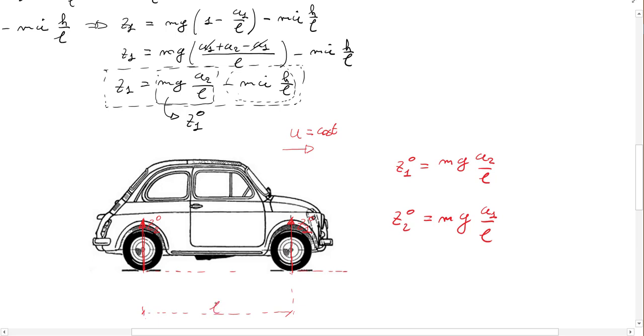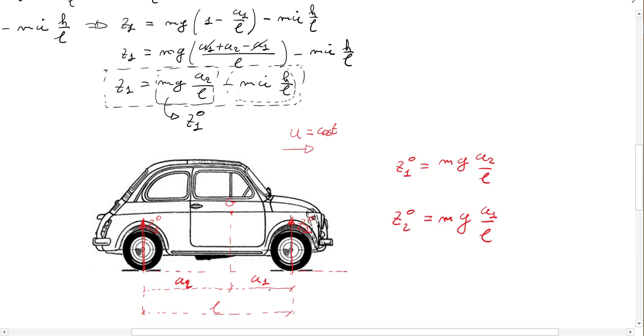The longitudinal distance from the center of gravity of the car to the rear axis is HU, and the longitudinal distance between the center of gravity of the car and the front axis of the car is A1.